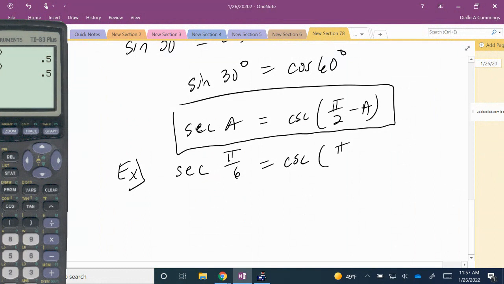So I have the cosecant of pi over 2 minus pi over 6.